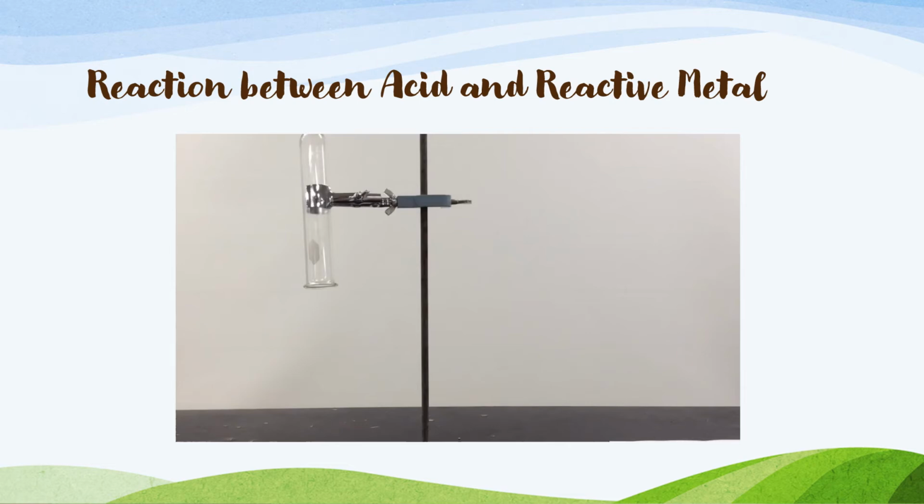Okay, so we have seen an example of the reaction between acid and reactive metal. I believe from the video you can see very clearly the confirmation test for hydrogen that you learned before, which is by using the lighted wooden splinter. So the pop sound produced is quite clear here.